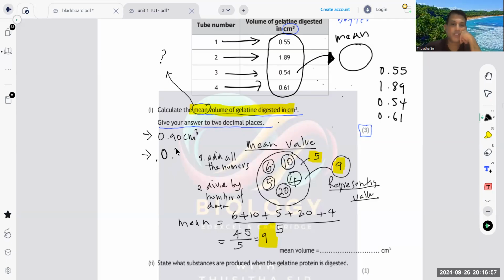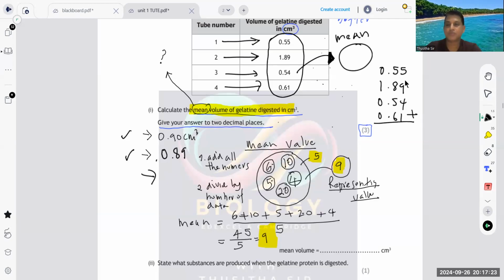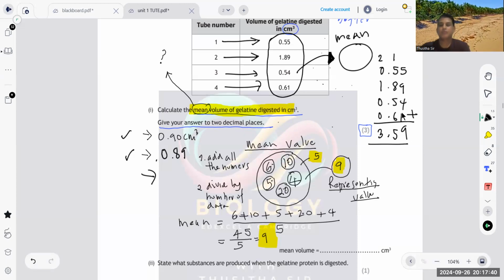Another answer is 0.89. So I got another answer 0.89, 0.90. If you add these numbers, the total is 3.59.